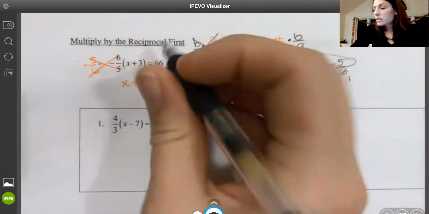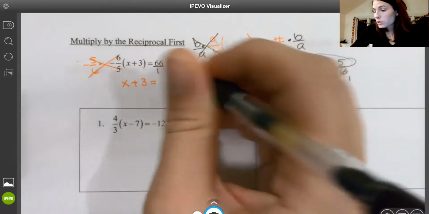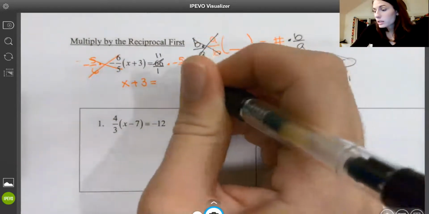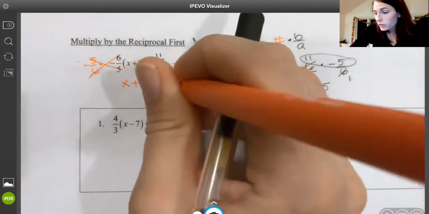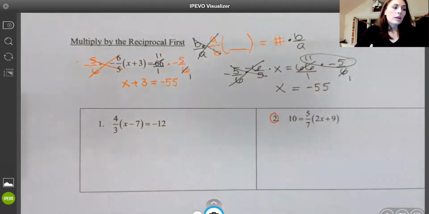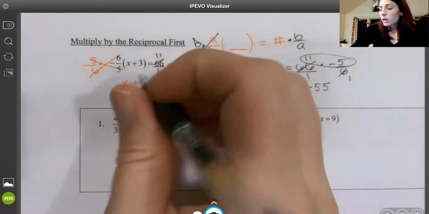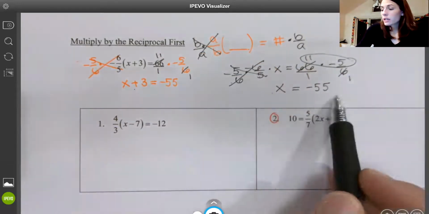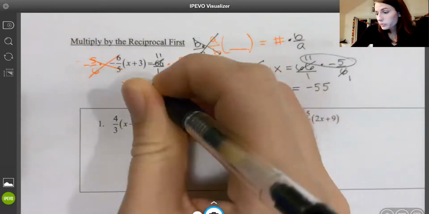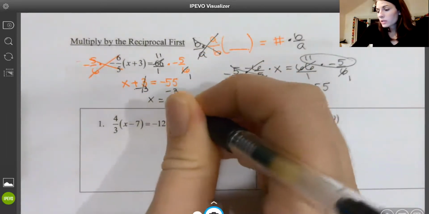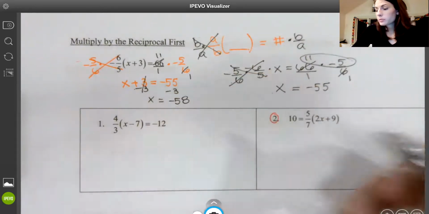And we already did this cleaning up here where I reduced, made this 11 over 1. So that gave me -55. And then now just solving, okay, so unlike on this side, I still have to solve, so subtract 3 to solve, and it gives me x equals -58.